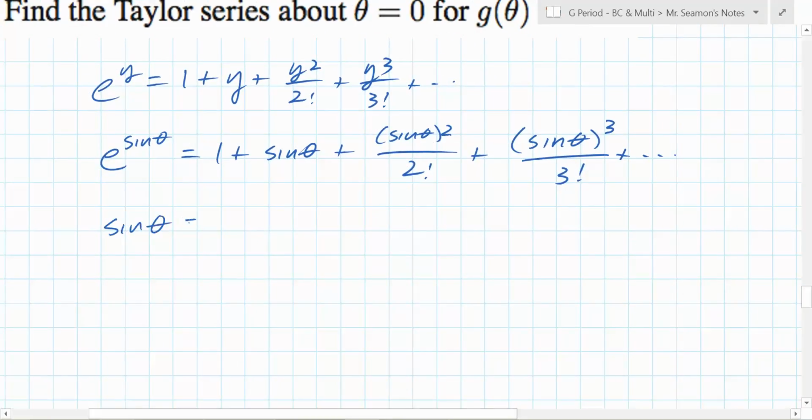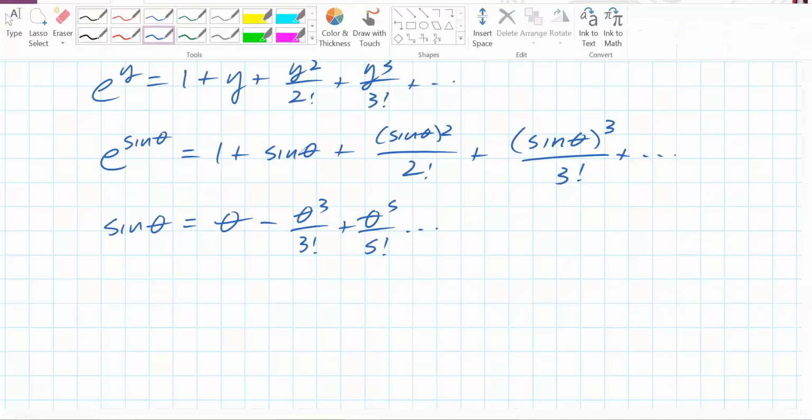Sine theta is equal to x minus x cubed over 3 factorial, plus x to the 5 over 5 factorial, plus... Oh, theta. Hold on. We did theta, we got to have the same. Excuse me. It's going to be theta minus theta cubed over 3 factorial, plus theta to the 5 over 5 factorial, and so forth.